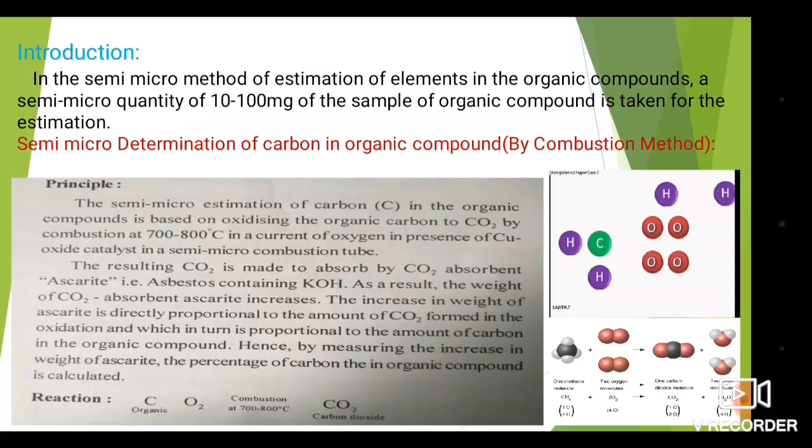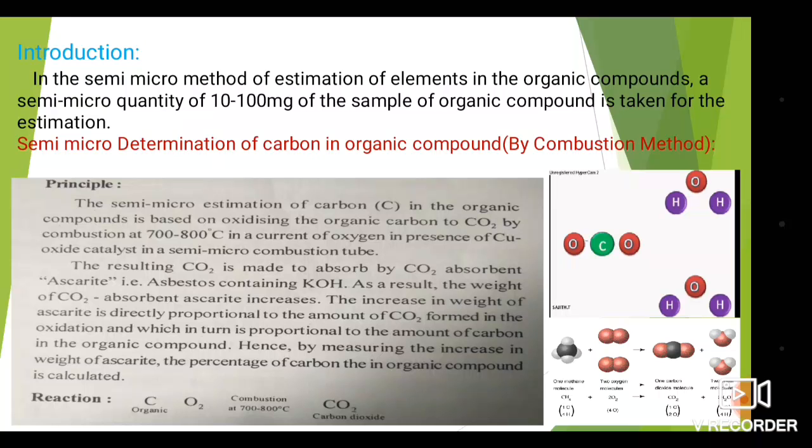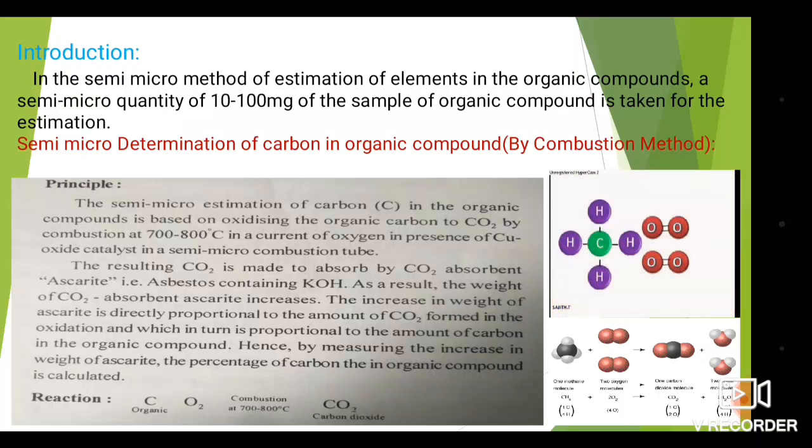After getting the carbon dioxide, the resulting carbon dioxide is absorbed by the CO2 absorbent known as ascarite. What is ascarite? It is asbestos containing KOH. It is a sheet of asbestos which contains potassium hydroxide.